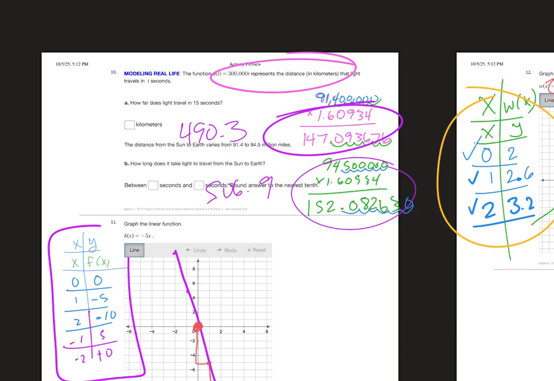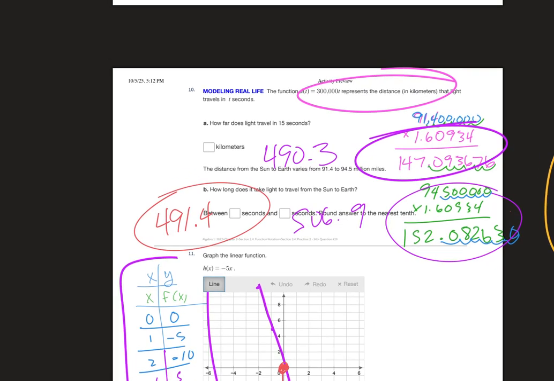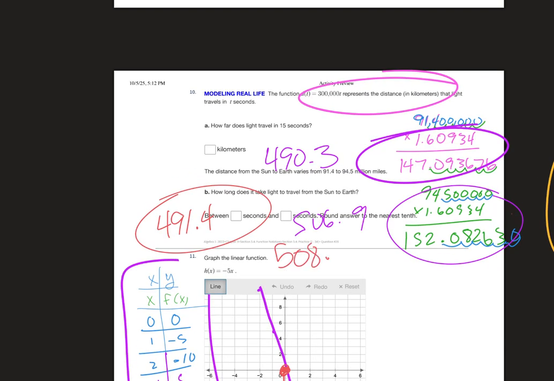Apparently, I've been too accurate, so let me just tell you the answers. The answers are 491.4 for the first answer, and 508.1 for the second answer. Not really sure how this one is bigger, and so is this one, but whatever. Those are the answers. Have fun.